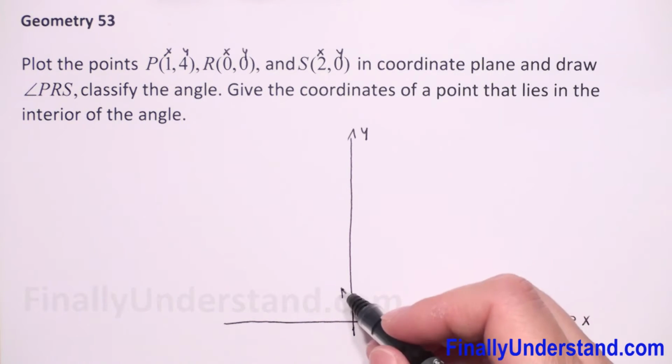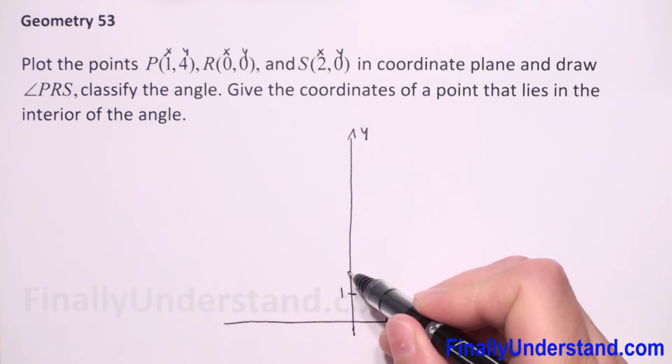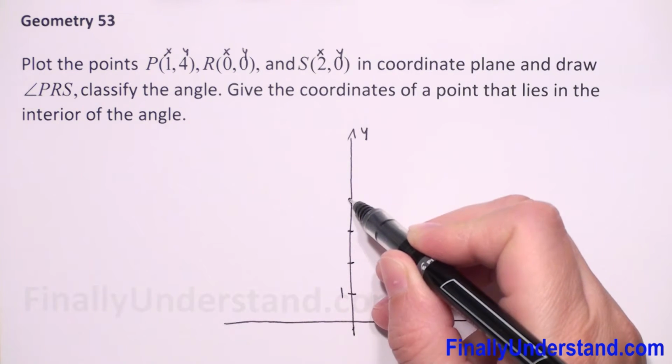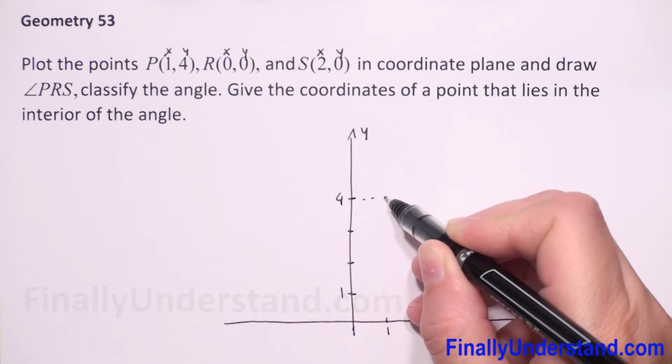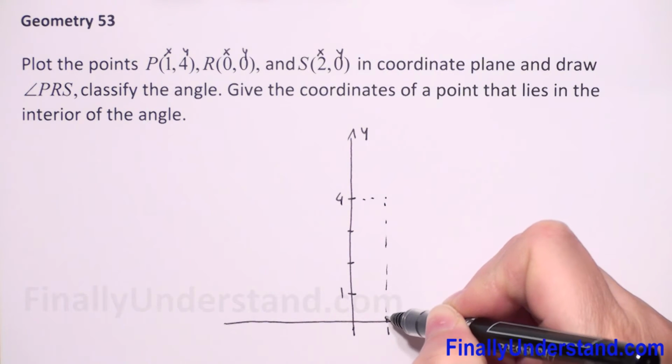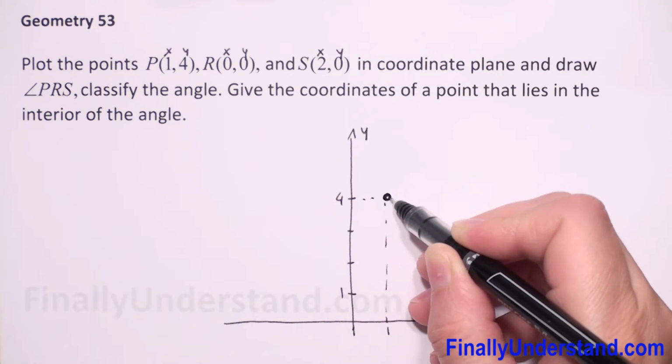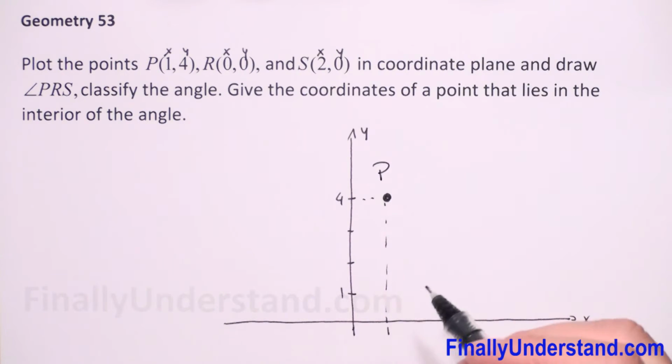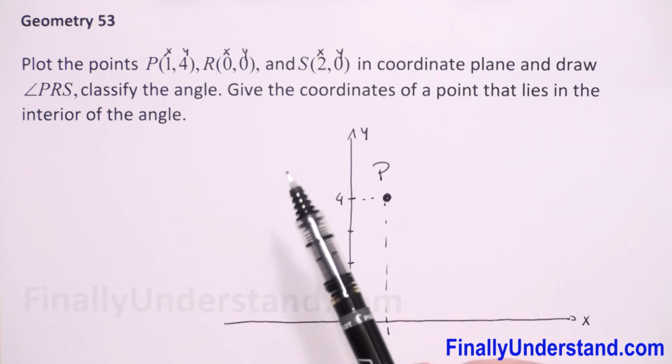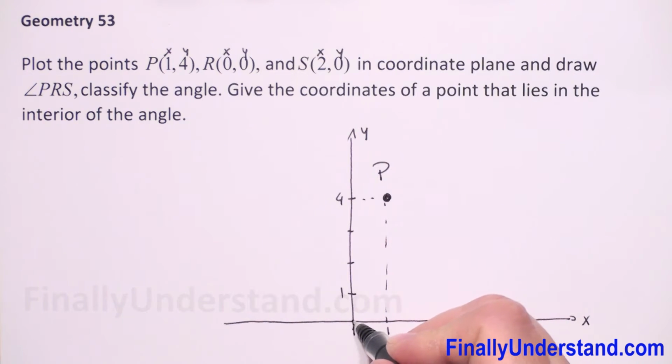1 on x, and on y we have to find 4: 2, 3, 4. So approximately this is our point P. Next we have R (0, 0).